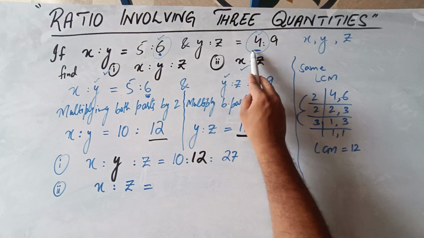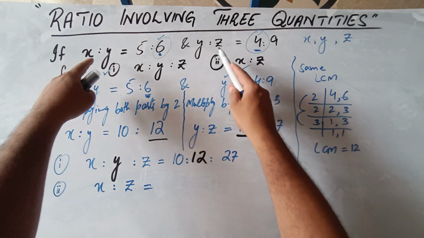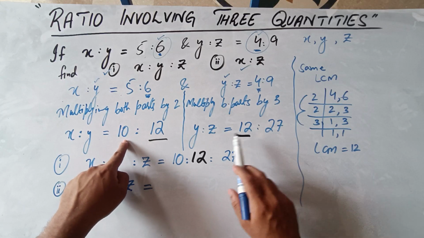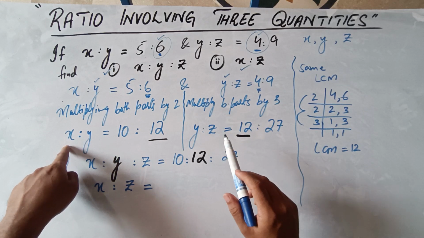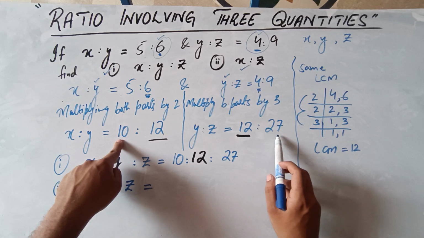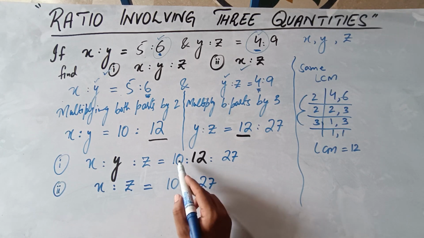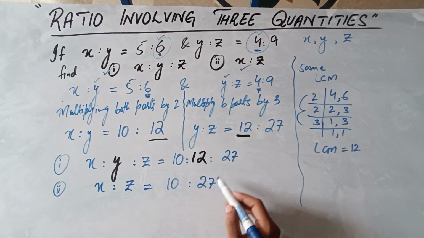Y is the connector between both the quantities. So when the connector is equal, now we can connect x and z together. X is 10 and z is 27. So 10 ratio 27 you can take from here as well. X is 10, z is 27.